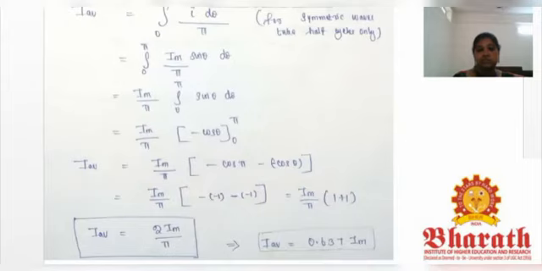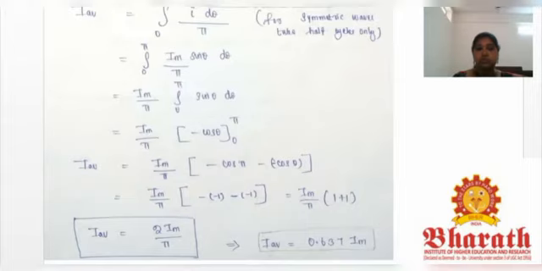So my equation will become I average is equal to Im divided by pi into minus cos pi minus minus cos 0. When you apply the values of cos pi and cos 0, you get minus 1 and 1. So Im by pi into 1 plus 1, you get I average is equal to 2Im divided by pi.